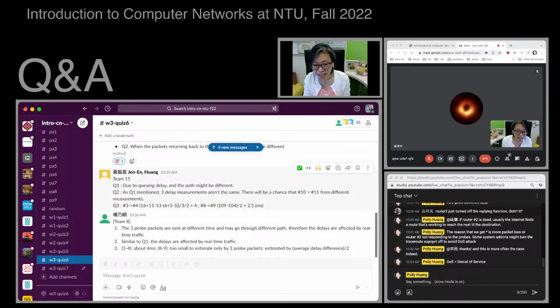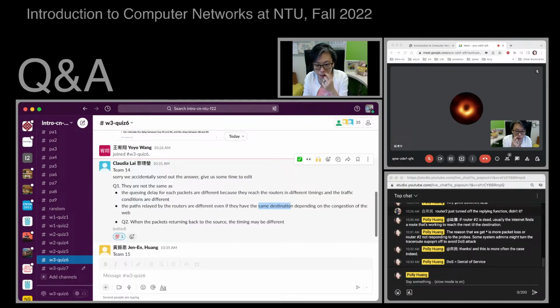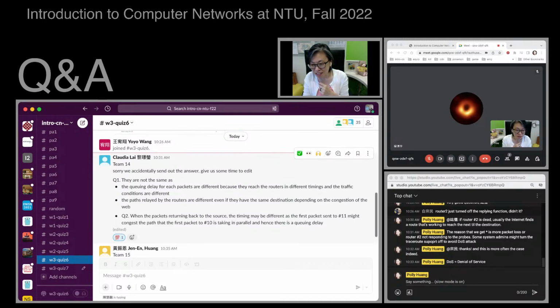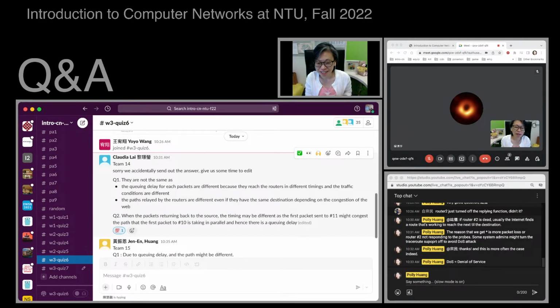Okay. And I guess, Q2. I think Claudia is probably struggling a little bit with formatting the answer on Slack. Hey, you'll get better. Oh, there you are. The packets returning back to the source, the timing may be different at the first packet sent to hop 11. And at the time that the source sends the 3 probes to hop 10, there might be some more congestion, of course.